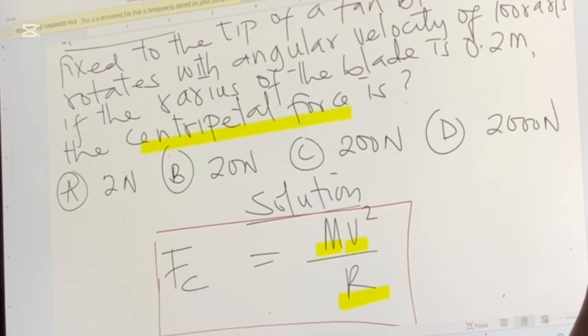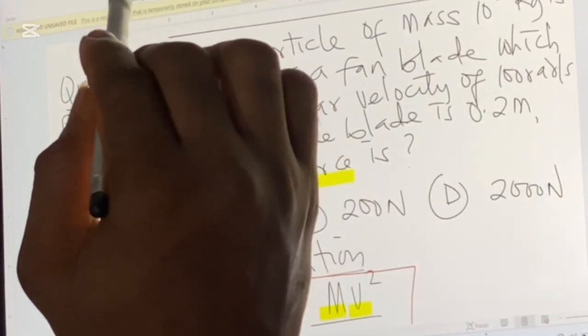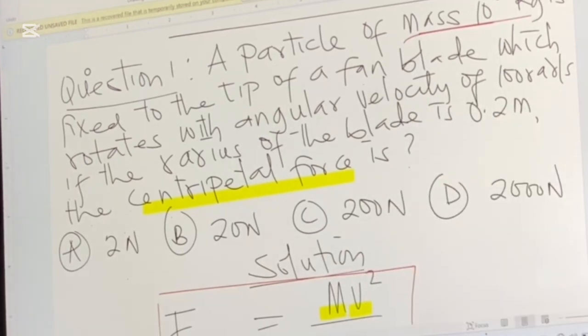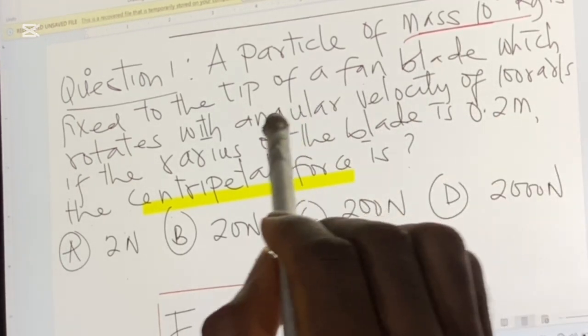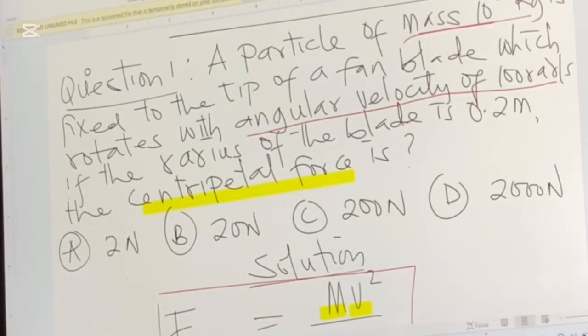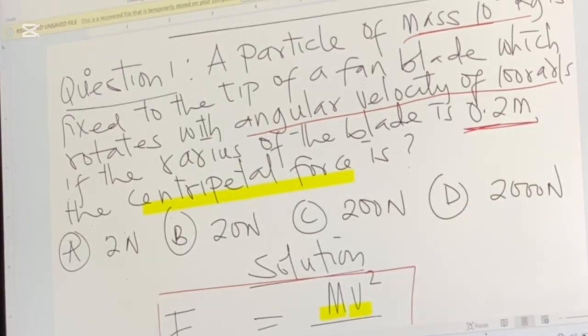So let's pick up the given parameters from the equation. The given parameters are: first is mass. Mass is 10 raised to the power minus 2 kg. The second one is the angular velocity or angular speed, which is the same, that is 100 rad per second. The unit for angular velocity is rad per second. And the third one given to us is the radius, that is 0.2 meters.